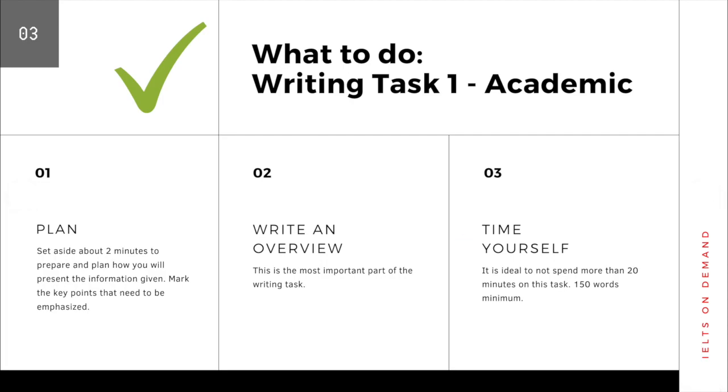And that is important because you don't want to run out of time while writing your task 2, because that is something where you will really present your opinion and present a lot of ideas and supporting ideas as well, and that comprises a bigger percentage when it comes to your scoring.